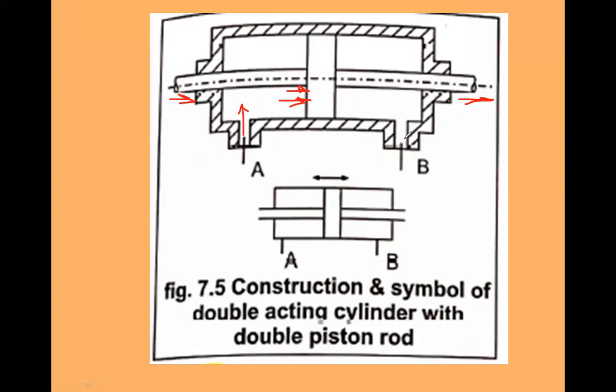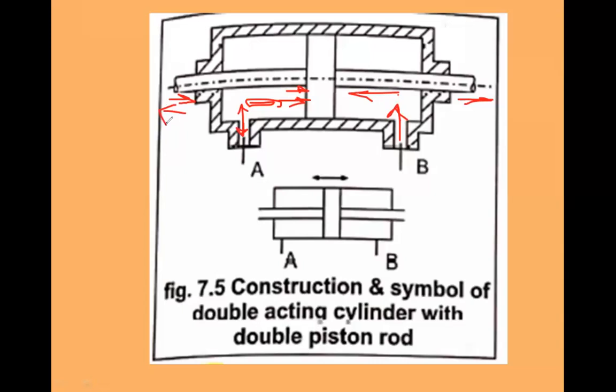But when fluid comes through port B, the piston rod will move in this direction. At the same time, the fluid present on this side of the cylinder will come outside, and this rod will move in this direction. That means motion happens simultaneously.